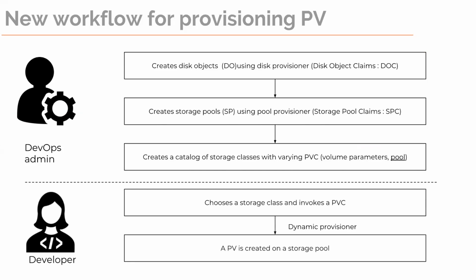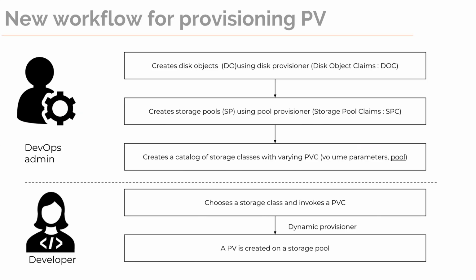And then the dynamic provisioner is really going to invoke a PVC and a PV created on a given storage pool. This also will hopefully integrate nicely into the new Kubernetes scheduler that takes volume topology into consideration. Just imagine a disk object having a property related to rack, or whatever other latency parameters, so many things.